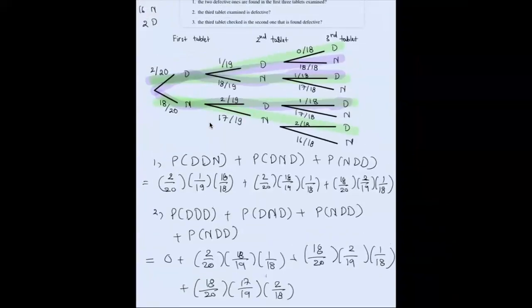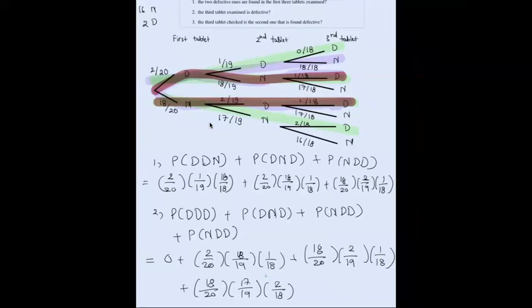Third one, we want the probability that the third tablet checked is the second one that is found defective. So it will be this way here because you already have one defective before that. And this way here.